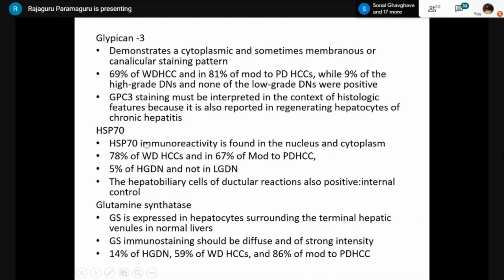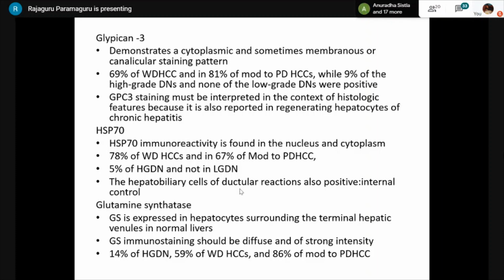HSP70 also can be useful, and it is a nuclear and cytoplasmic stain. It is more commonly seen with well-differentiated, moderately differentiated, and poorly differentiated HCC, and not seen with the dysplastic nodule. Normally, the hepatobiliary cells of the ductal reaction can be used as an internal control while using HSP70.